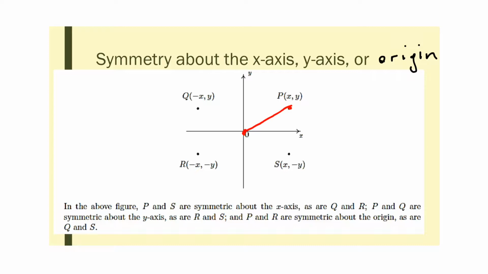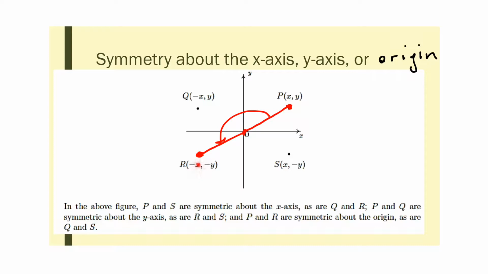I'm going to rotate that dot 180 degrees about the origin, and it's going to wind up right on top of this dot here. So I'm rotating this dot 180 degrees around the origin, and it winds up on that dot. That's what we call origin symmetry, symmetry about the origin.